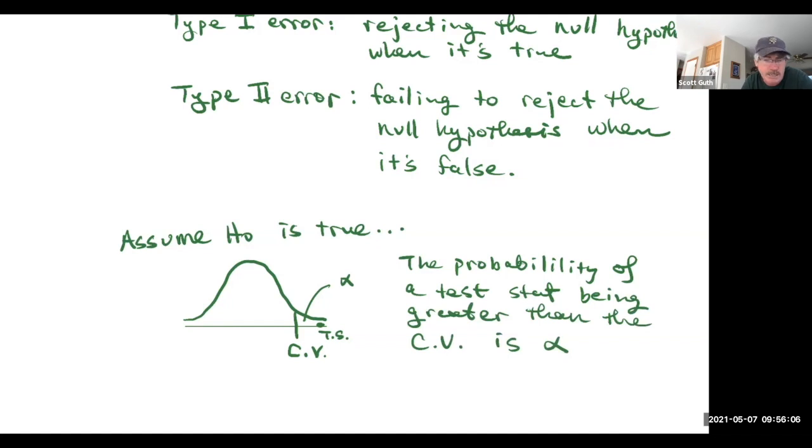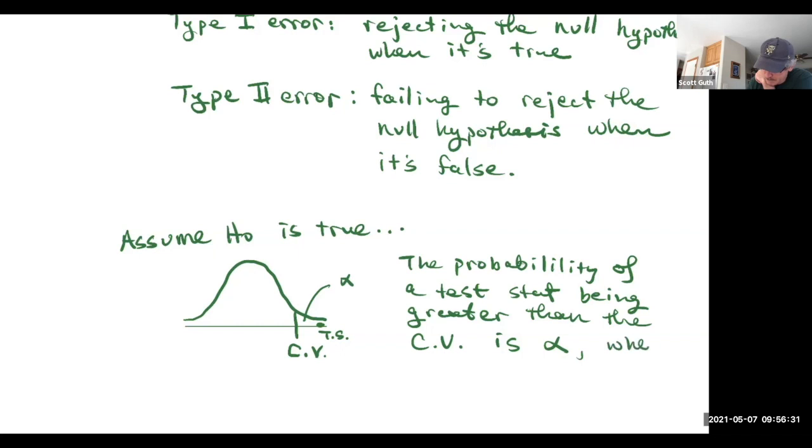Alpha is the area of the tail. You're going to reject the null hypothesis if the test statistic ends up bigger than the critical value, because the p-value will come out smaller than alpha. As you can see, the p-value goes past the test statistic. So the probability of getting a test statistic greater than the critical value is alpha.